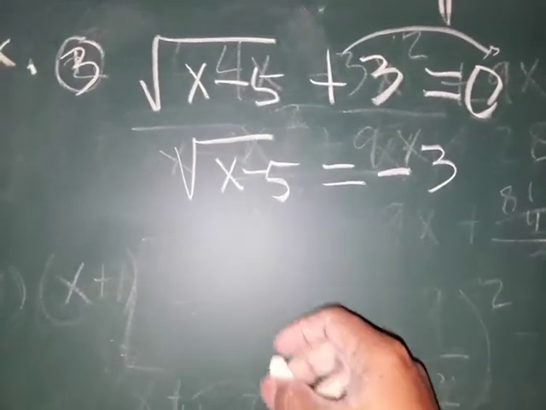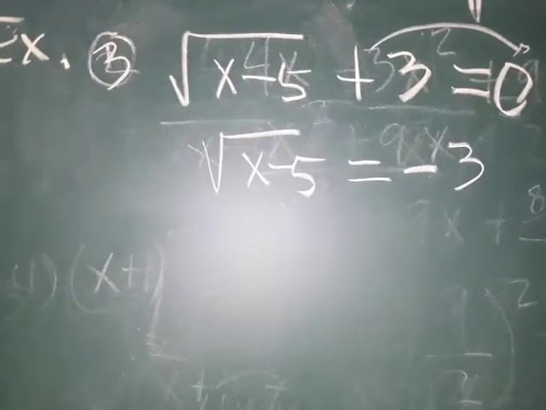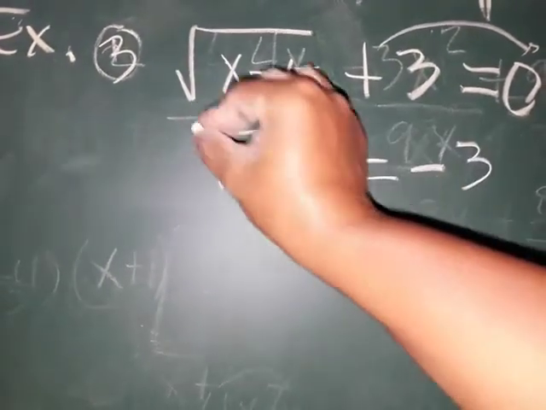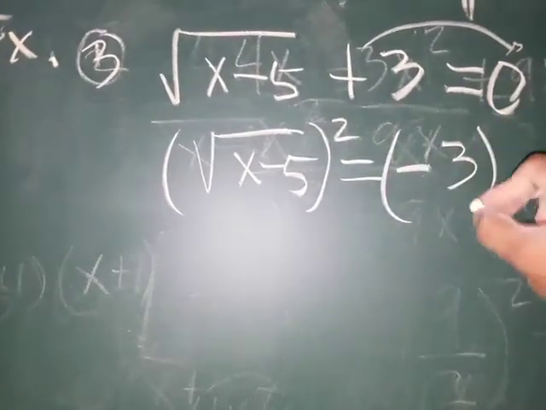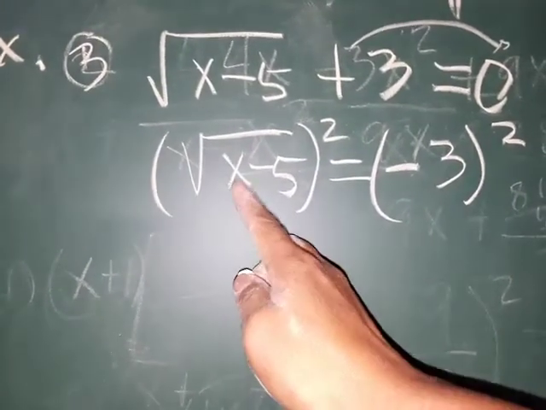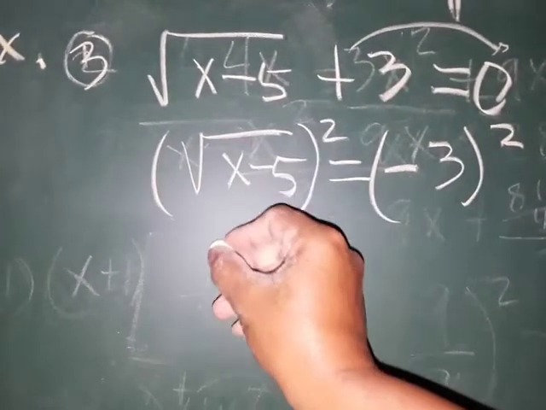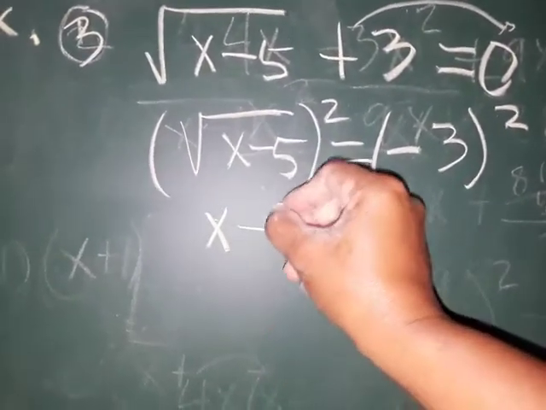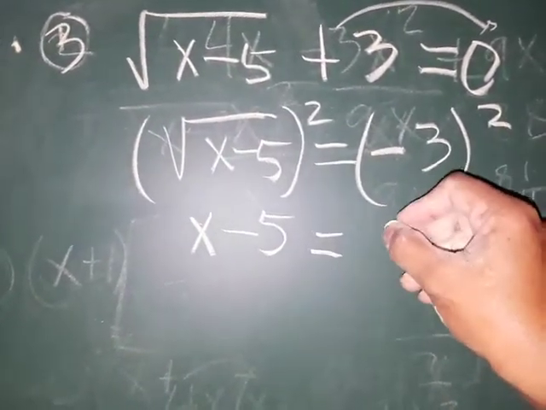Okay, next, pagkatapos niyan ay square natin siya, both sides. That's the second step. Square both sides. Then, mariretain na ito kasi matatanggal na ang radical sign. So, x minus 5 is equal to negative 3 squared is equal to 9.